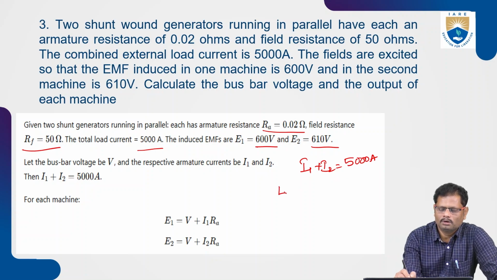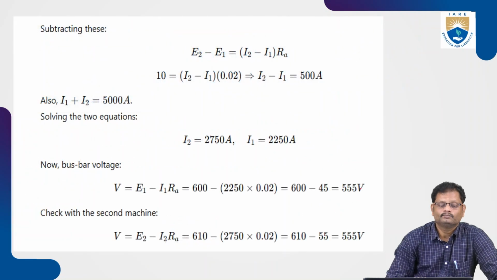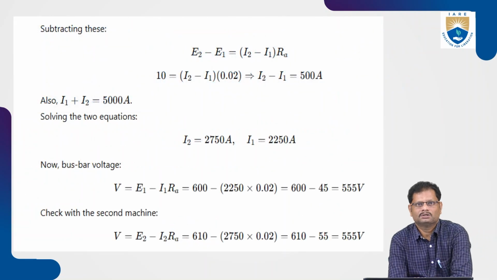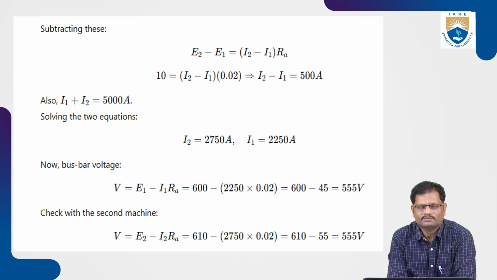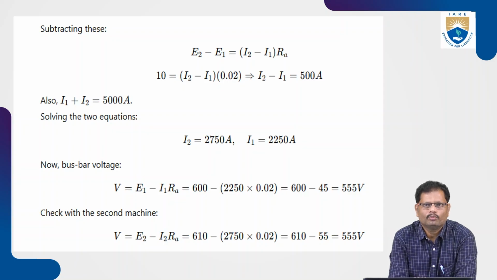So we will calculate I1 and I2. E1 equals V plus I1 into RA, and E2 equals V plus I2 into RA. By subtracting these two expressions, E2 minus E1 equals I2 minus I1 into RA.